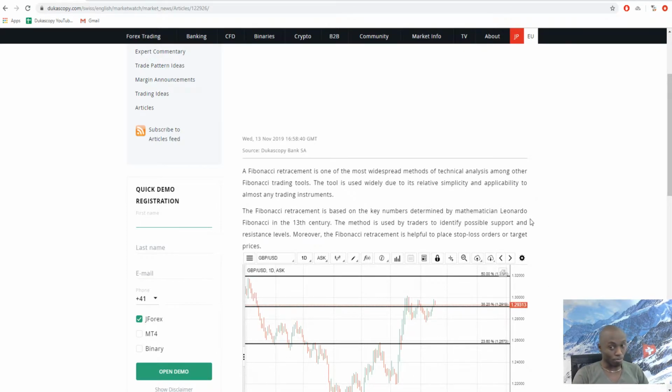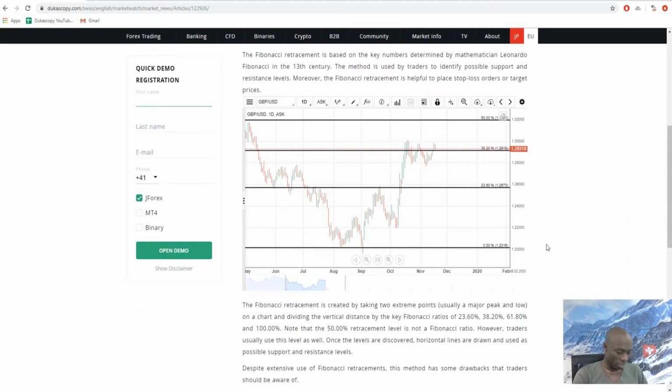So before we dive into the charts to show you how it is, I would like to continue talking more about Fibonacci. I remember when I started learning technical analysis, and when I came across Fibonacci, I was so fascinated when I got to know about Fibonacci, because it's very easy to learn and very easy to use.